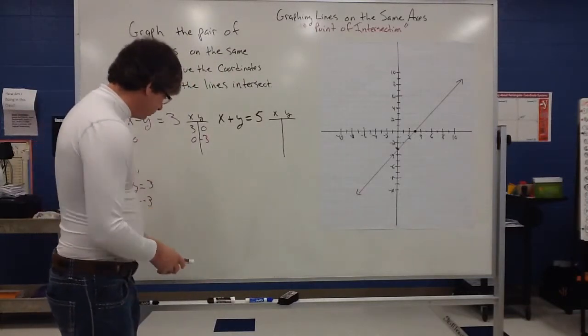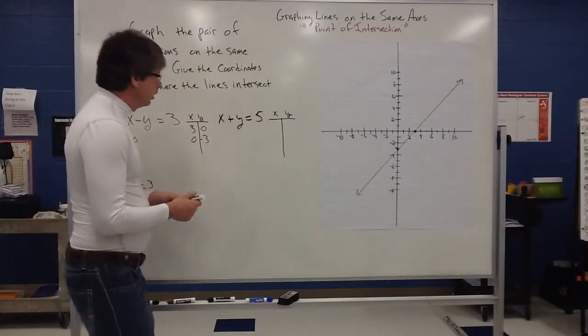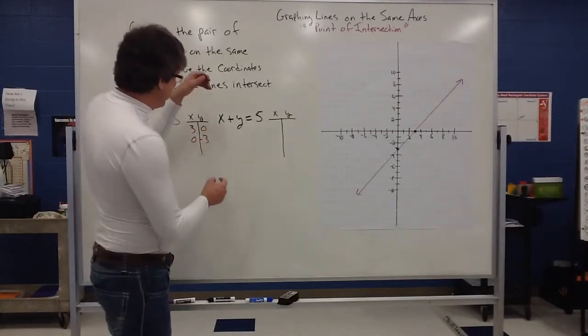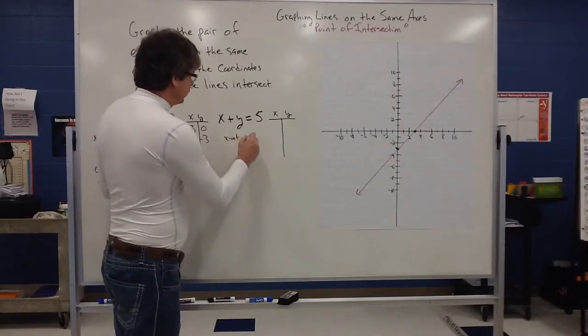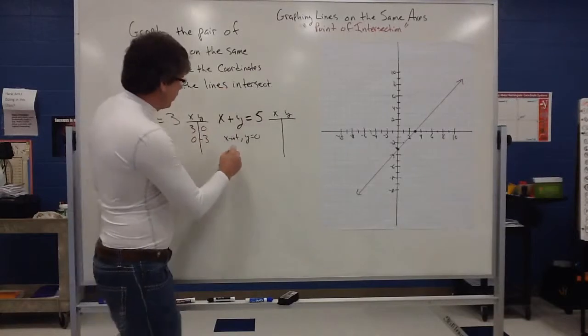So my next equation is x plus y equals 5. And again, I'm going to just go ahead and find the x- and y-intercepts since it looks like this. To find the x-intercept, we set y equals 0. In other words, this will fall out of the problem and you have x equals 5.